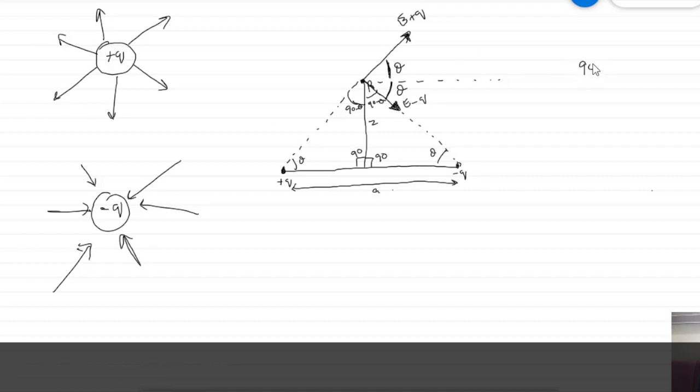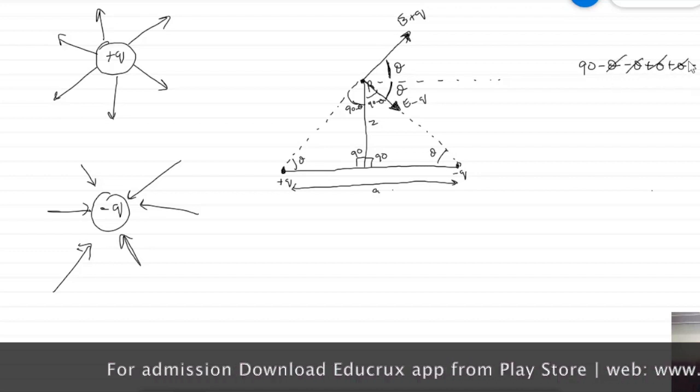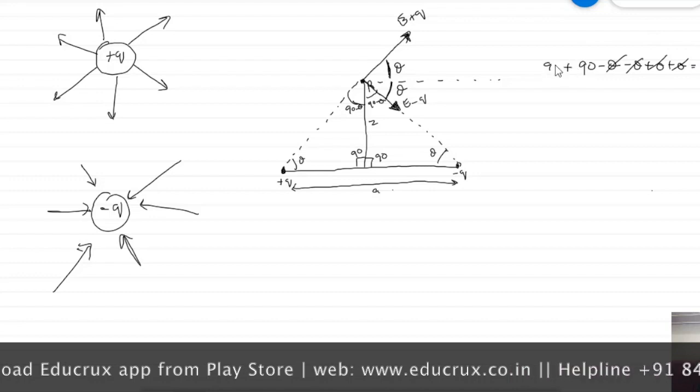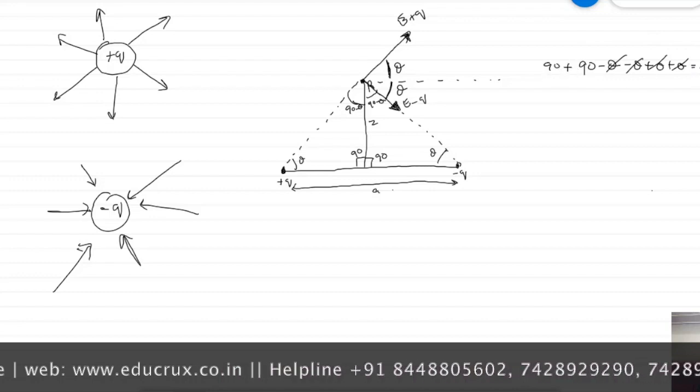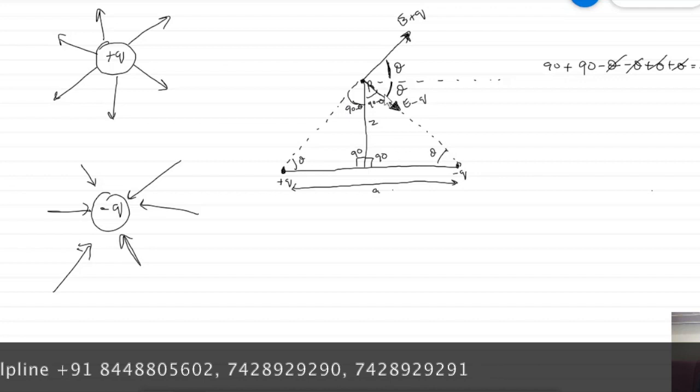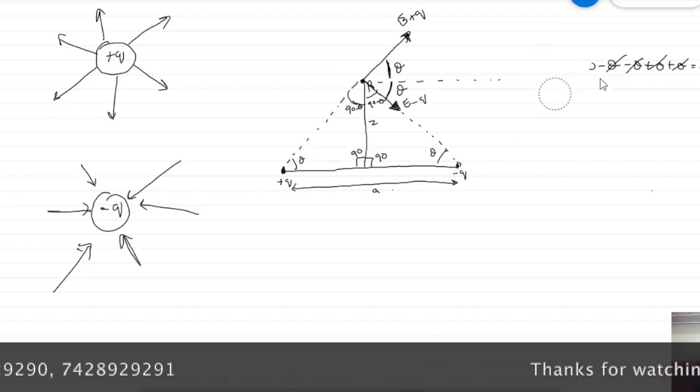Okay, so 90 minus theta plus theta is equal to 90. So it is equal to 180 degrees. So it's a linear pair. So our answer is right.